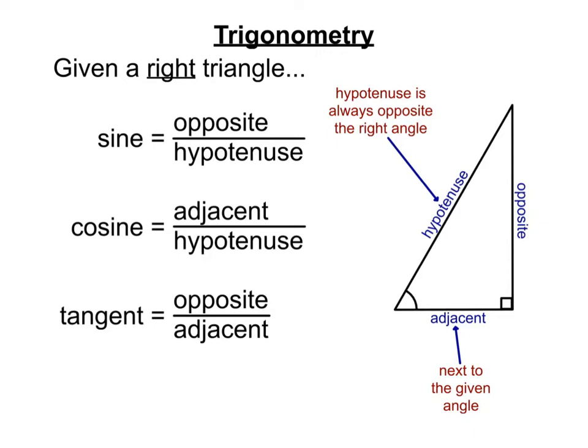All right, so going from this particular angle, notice the adjacent is the side that is next to the angle. The adjacent side is always touching the angle that we're working from. The opposite is on the opposite side from the angle. The opposite side does not touch the angle. It is the only side which does not touch the angle.